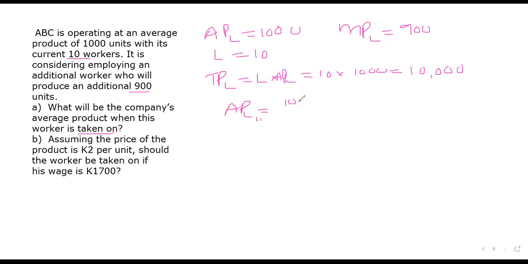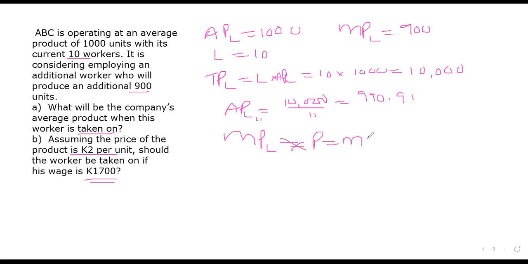So this is 10,000 over 11, which we already calculated is 990.91. Then, assuming the price is 2 kwacha per unit, should the worker be taken on if the wage is 1,700? We want to calculate the marginal revenue product. How much are these units worth?